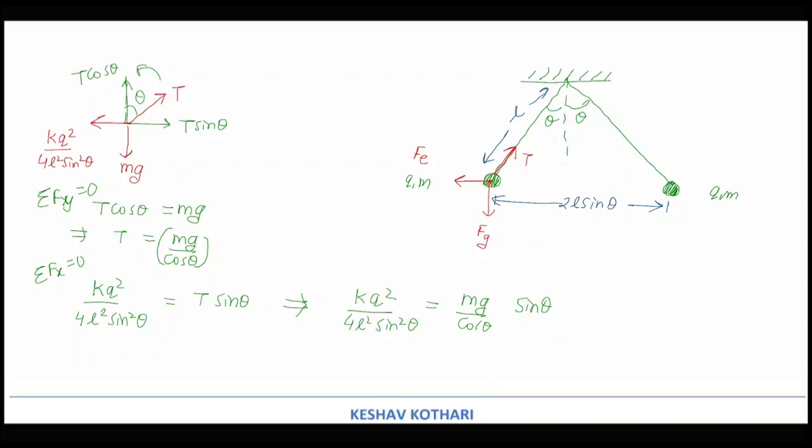We can put q over here, which is equal to, if we put k as 1 by 4 pi epsilon naught, q as the square root of 16 pi epsilon naught L square mg tan theta sine square theta. So this is how the expression of charge is going to look for this particular problem.